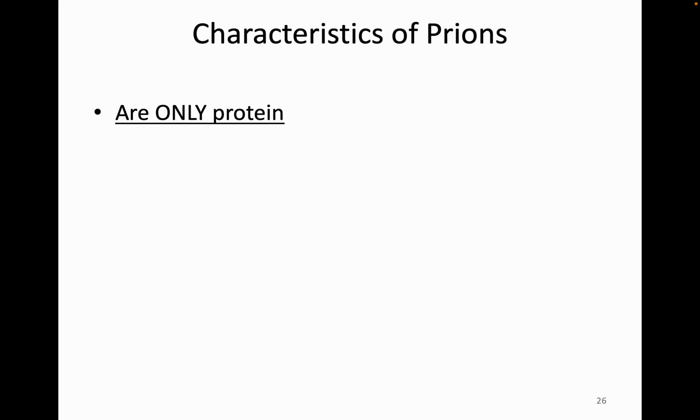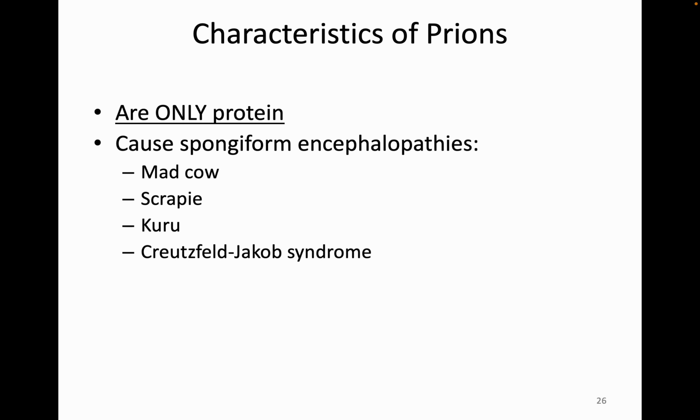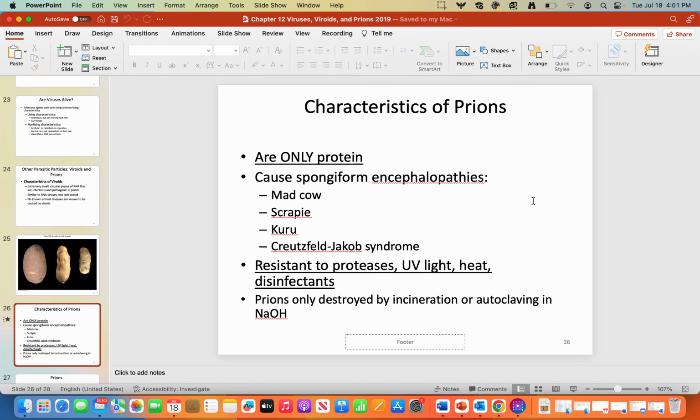Prions are the third type of infectious particle. Prions are only protein. They cause spongiform encephalopathies. Things like mad cow, scrapie which affects goats and sheep, kuru, and Creutzfeldt-Jakob in humans.